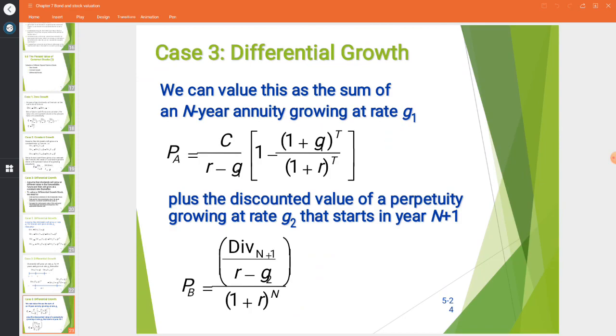Plus, you must add the BV of the growing at the second period of time at a second growth rate, which is G2.